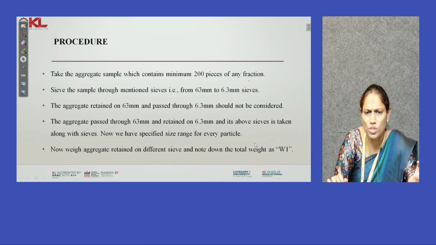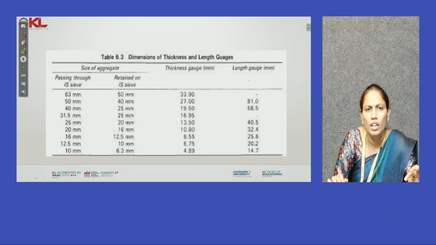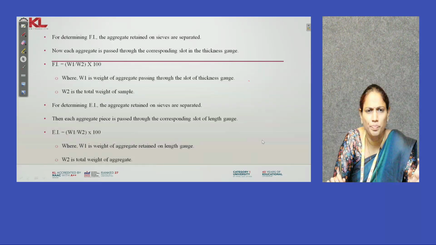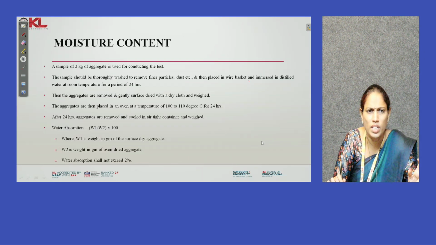This is the test procedure which we go through with the aggregate testing, with different sizes from 63 mm to 6.3 mm. And this is the table which you take from the testing of aggregate. So this is the test procedure.